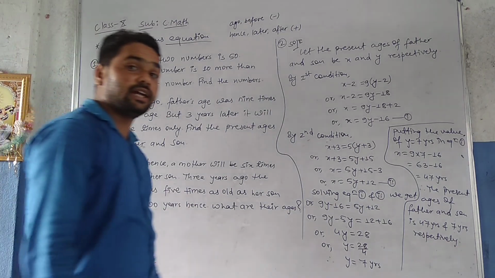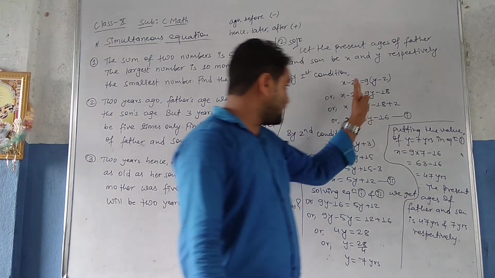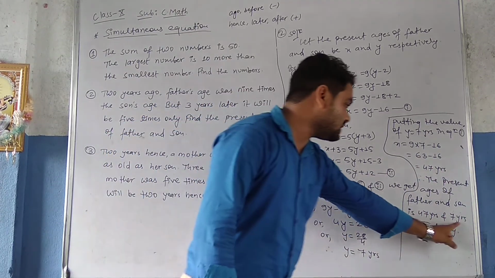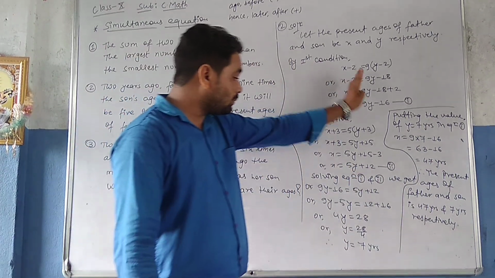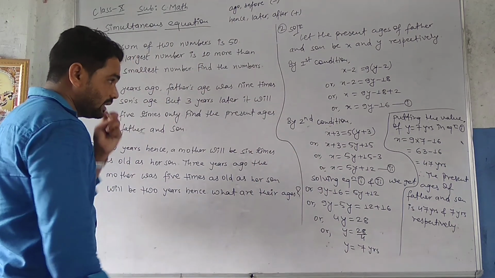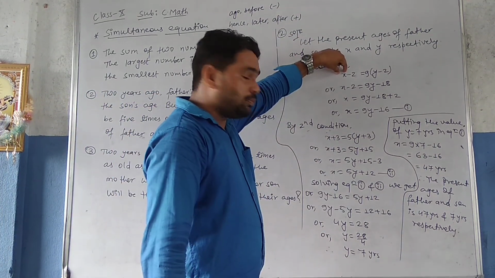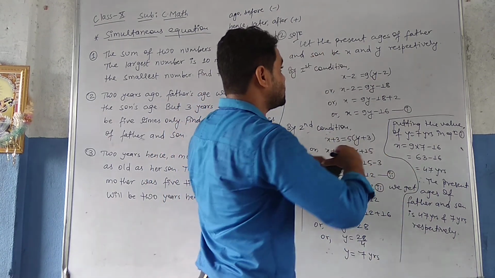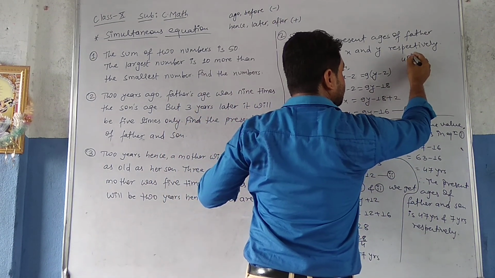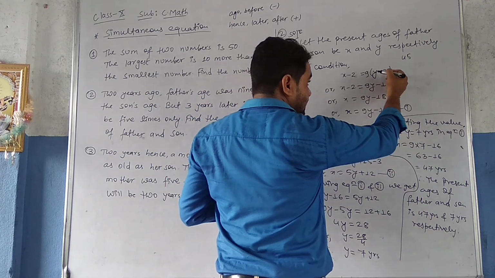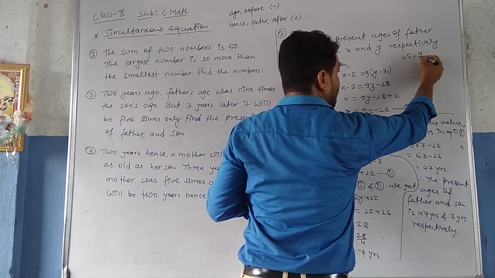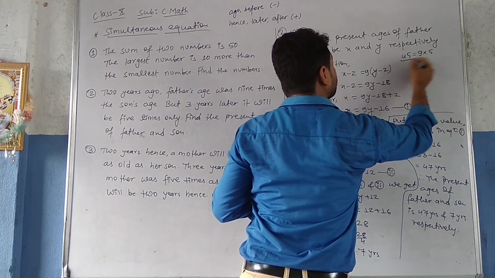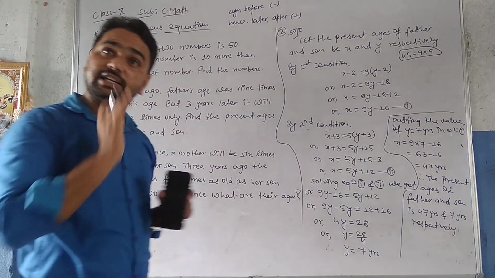Now look, if we check that the father's age is 47 and the son's age is 7 years, whether both equations are satisfied or not. For the value of x, 47, when we subtract 2 we get 45. Similarly, 9 into 7 minus 2 gives 9 times 5 is 45. First condition is satisfied.